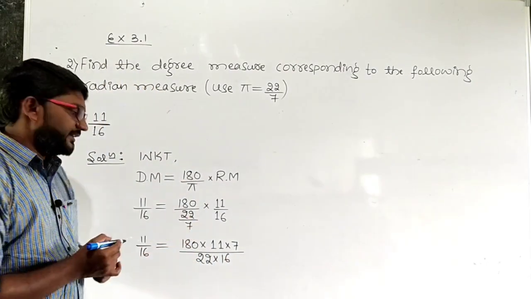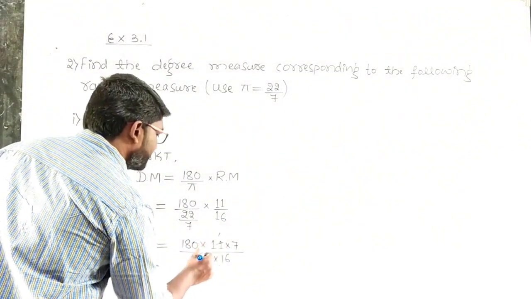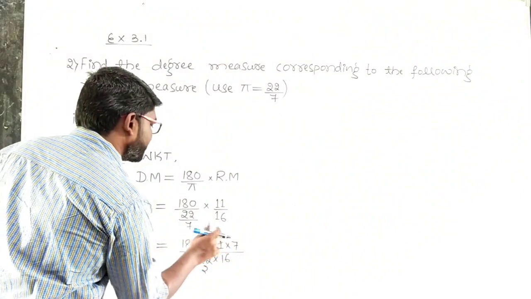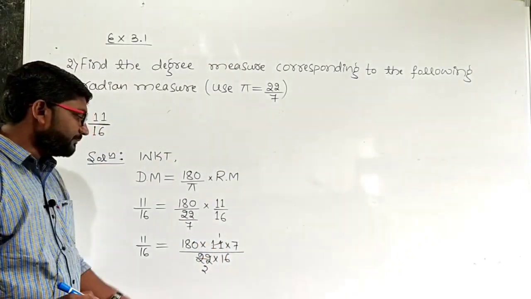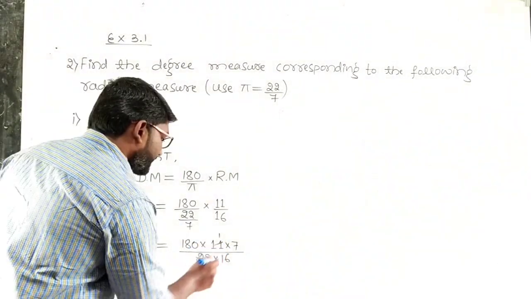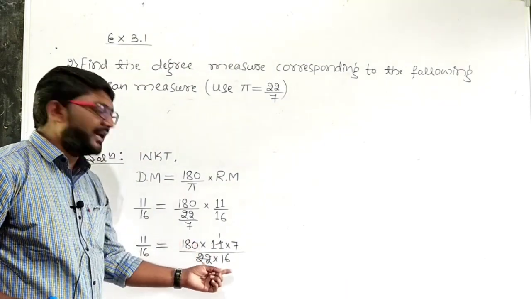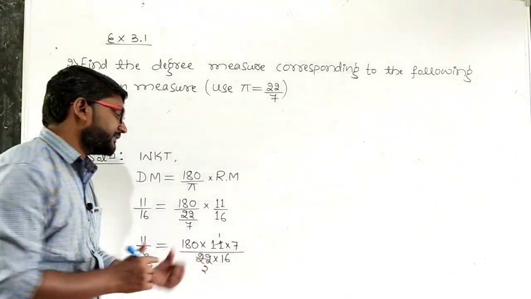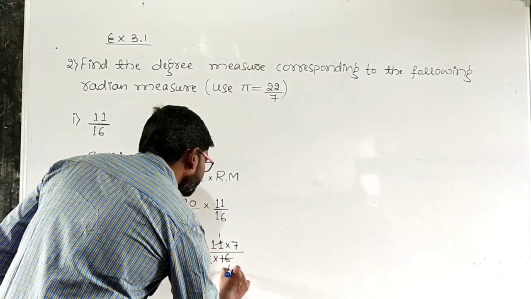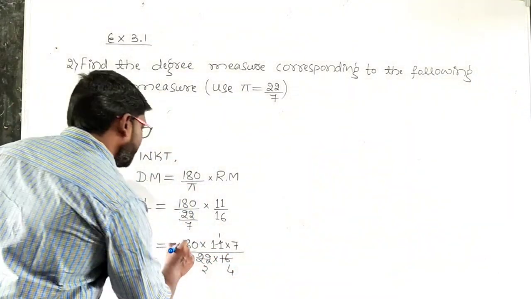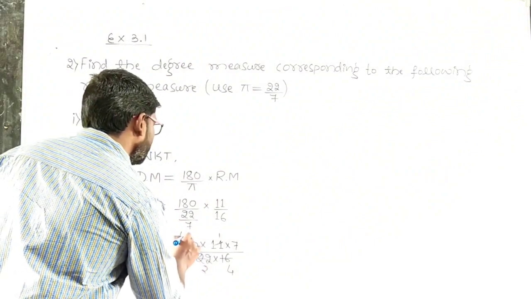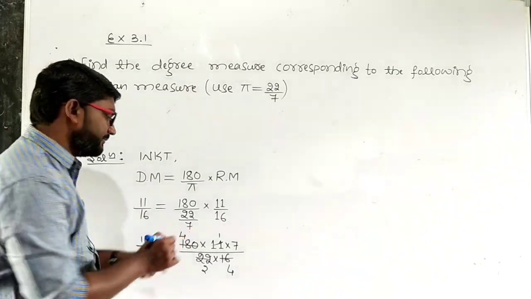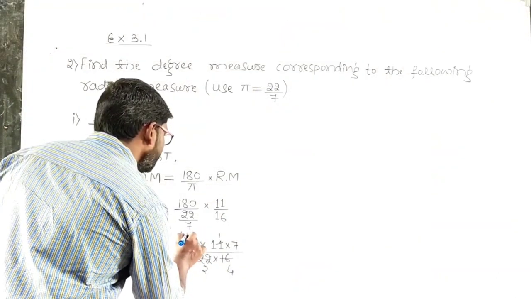So let us simplify this. 11 ones are 11, 11 twos are 22, these two get cancelled. Now here we have to cancel out 180 and 16. These two get cancelled in the 4 table. 4 fours, and then again here 4 fours, we have 2 as the remainder. That means we get 20 here. 4 fives is 45.